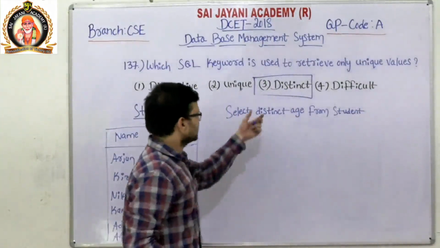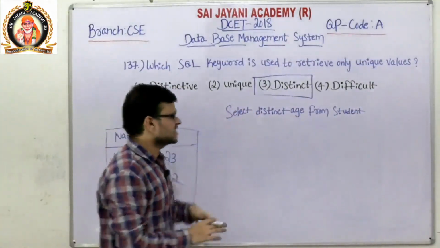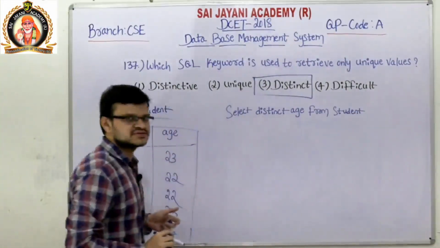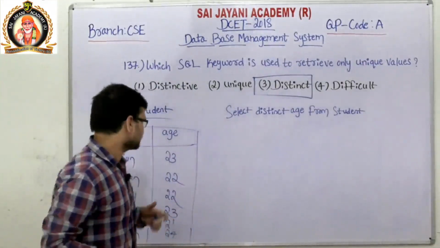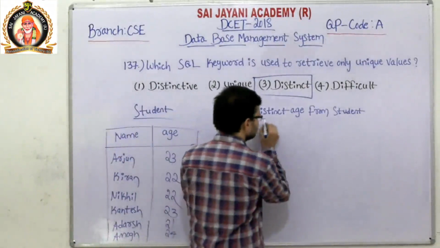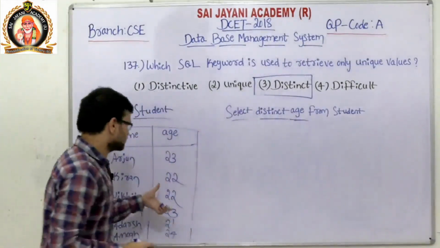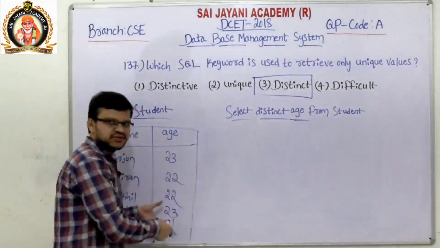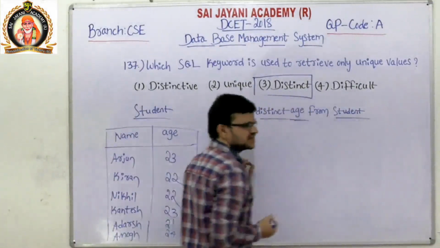We already know that the distinct keyword is always used along with the select statement in order to retrieve only distinct values, that means non-repetitive values. So it will select only distinct values of the column age from the table student.